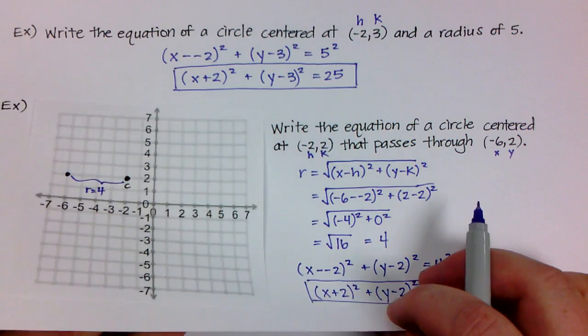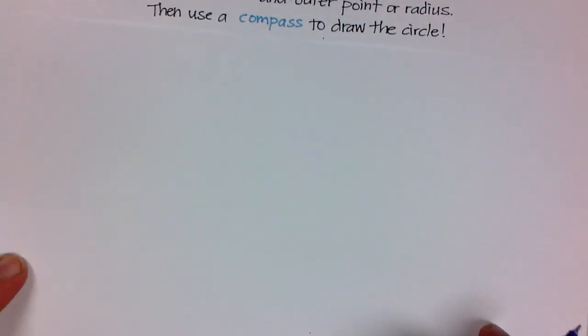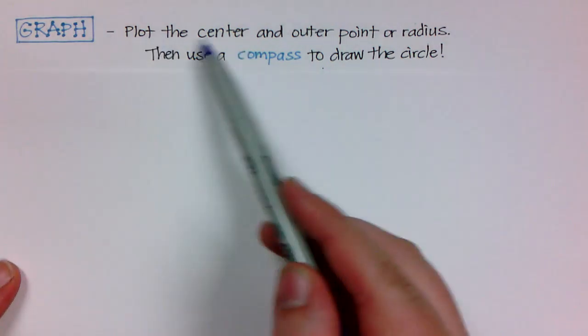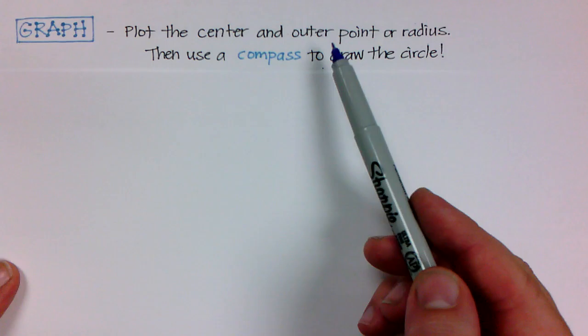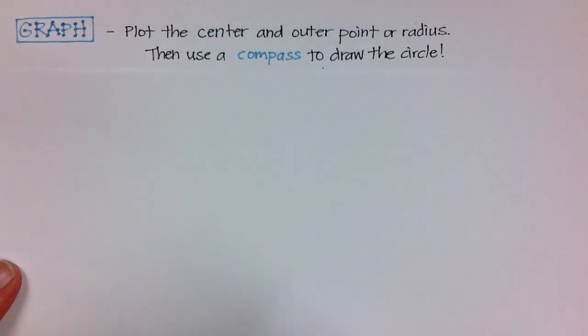So to close, we're going to do one example of graphing. I'd like you to graph a circle just being given the equation. What you need to do is plot the center and either an outer point or the radius, and then you're going to use a compass that is stationed right at the center, and it is open as wide as the radius is, and you're just going to draw it all the way around.